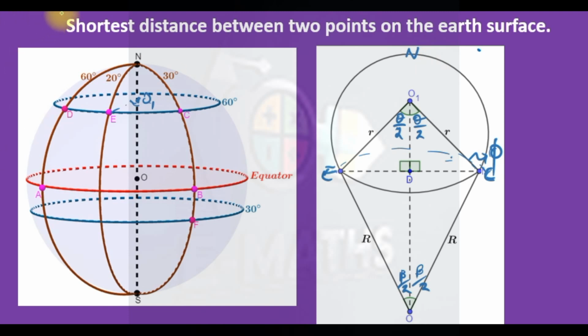So we'll start. You notice that if we connect E to C, we have a chord because this is an arc.